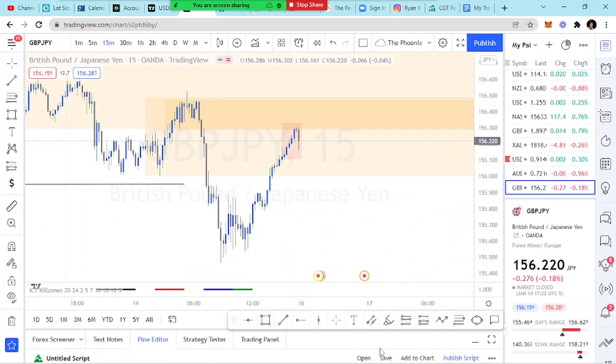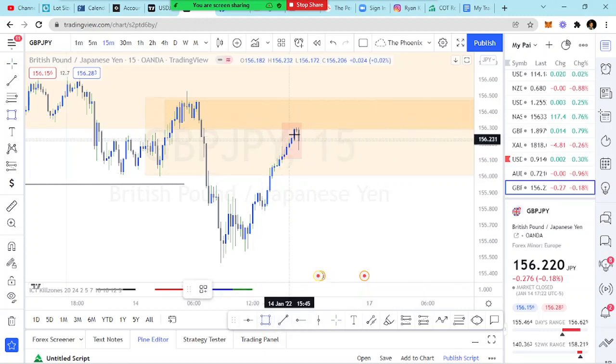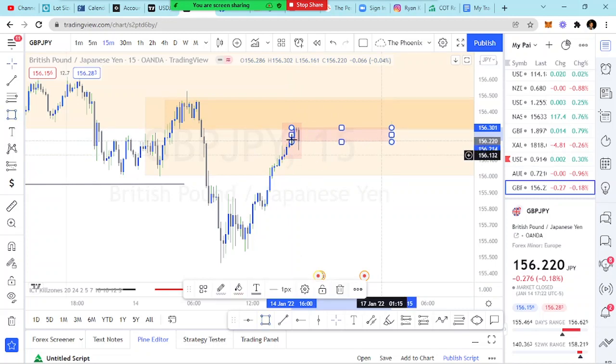So even if we were, say, going to take the trade from the 15-minute time frame, we're using this bearish-bullish candle here as the POI, just for argument's sake, because we haven't seen price action play out yet to know exactly which POI we would use.